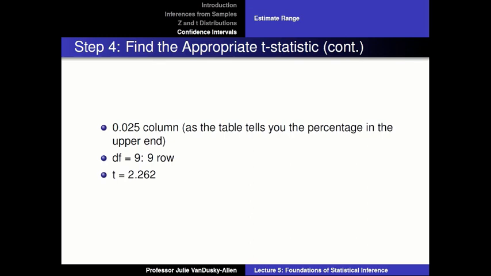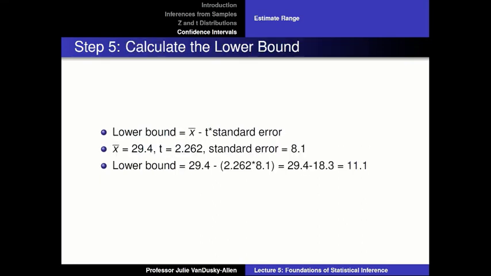Note, from this point forward, you will always be required to use the 0.025 column for confidence intervals, so you should just make a note somewhere to use the 0.025 column for confidence intervals. Now we have all the information we need to calculate our confidence interval. The lower bound of the confidence interval is the sample mean minus the t-value times the standard error.